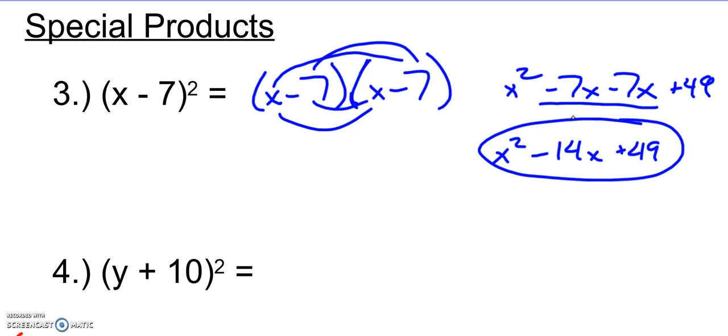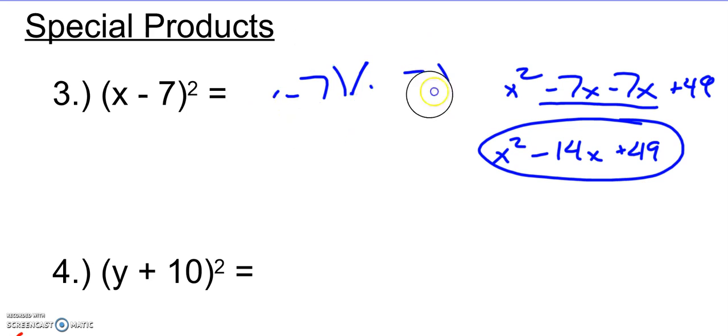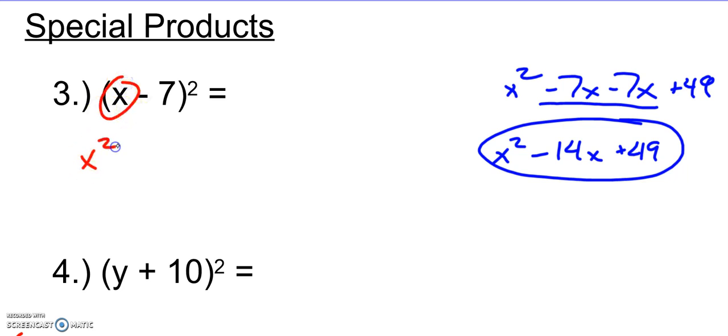However, when you're squaring a binomial, there is a shortcut that we can take. Whenever you run into this situation, here's what you can do. You can take your first term and square it, so you get x squared. You can take your last term, negative 7, and square that. Now you do have to be careful, because that means negative 7 times negative 7, which is positive 49.